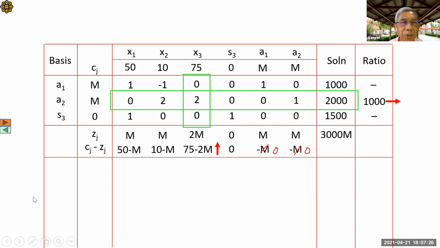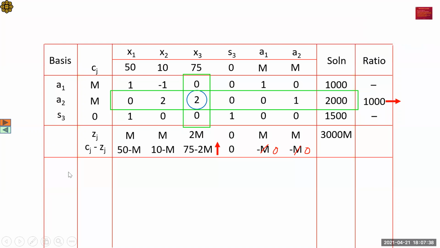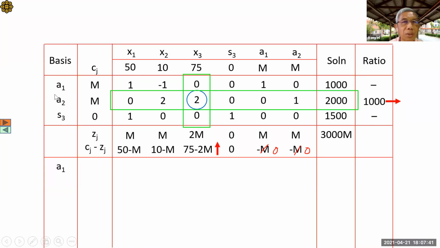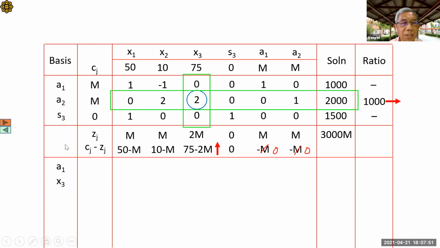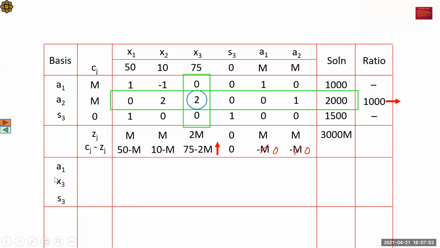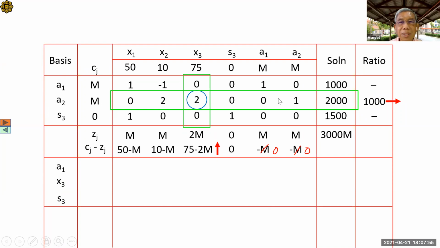Okay, let's move on. A1, pivot number 2. A1 stay or go? Stay. A2 stay or go? Go. Who comes in? X3. S3 stays. Now divide this all by 2: 0 divided by 2, 2 divided by 2, 2 divided by 2.